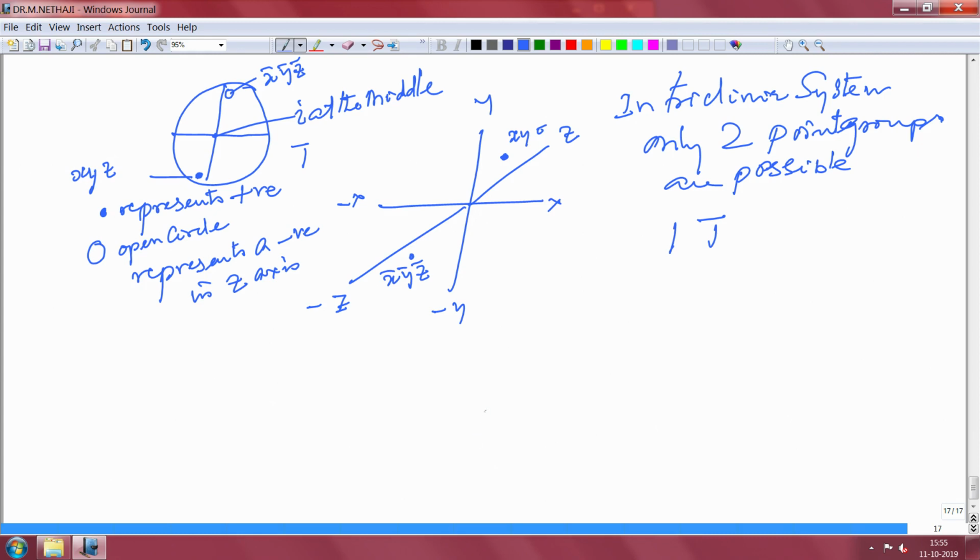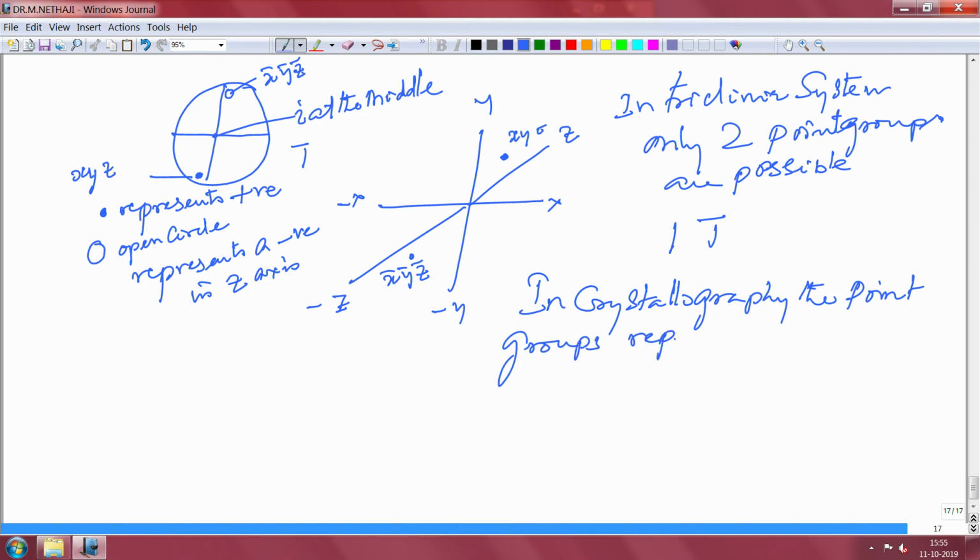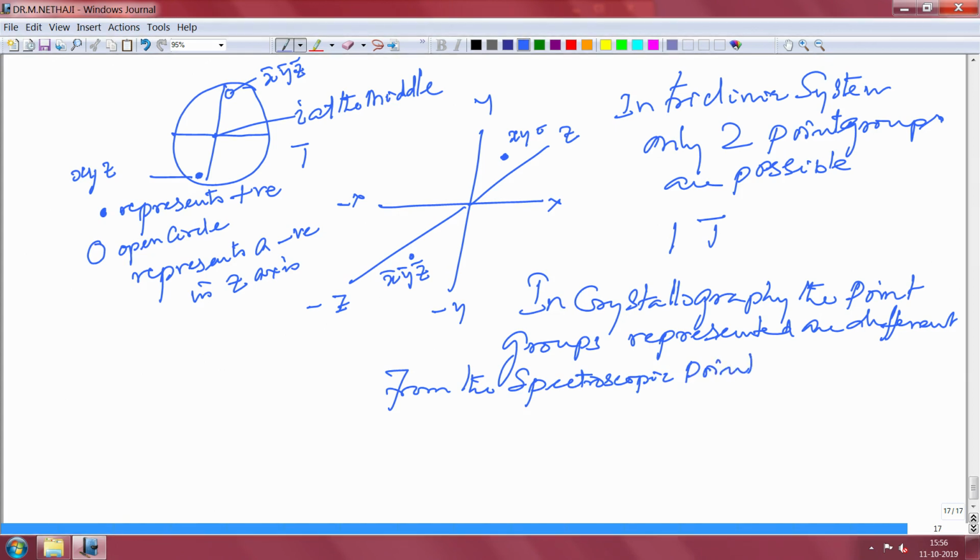Now we have to remember, in crystallography, the point groups represented are different from the spectroscopic point groups.